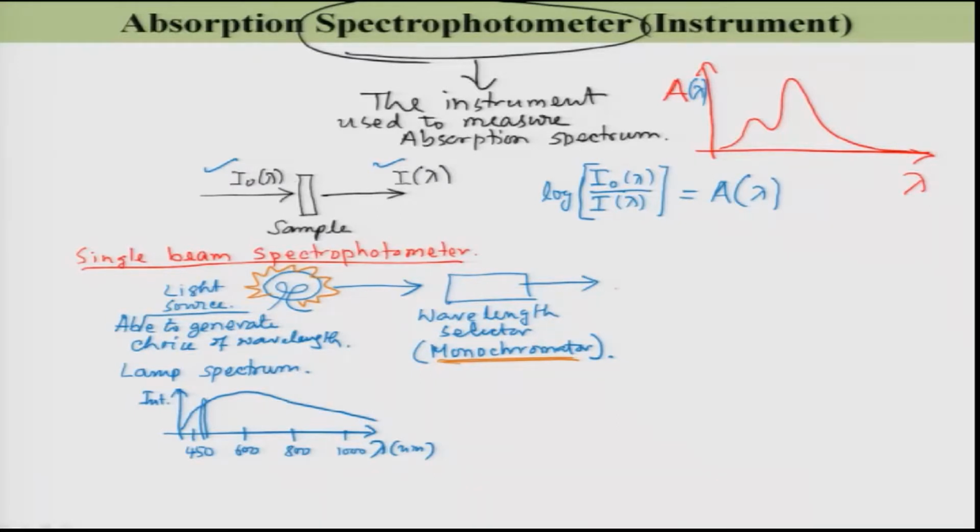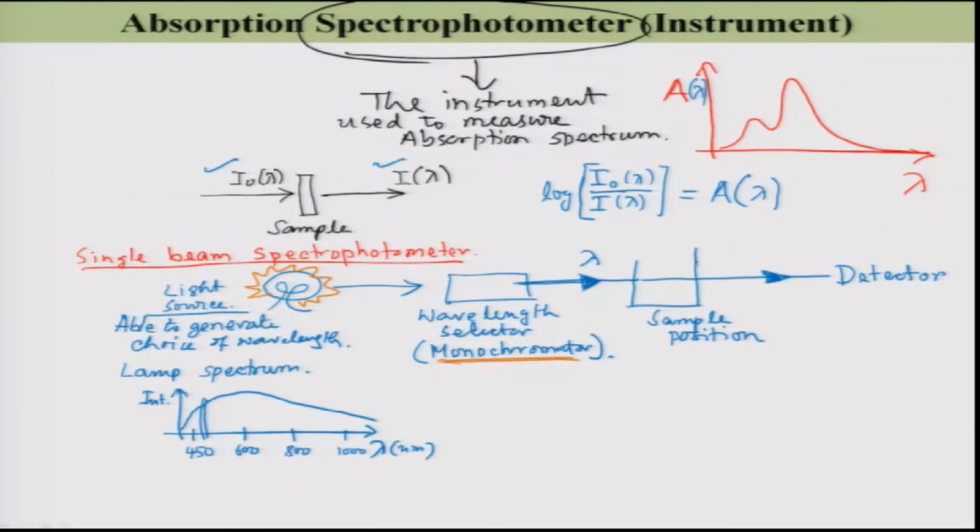That means you need to measure the intensity of this light. This is my sample position. I incident this light of the particular lambda of your choice and pass it through, and here is my detector, which detects the intensity of this light.